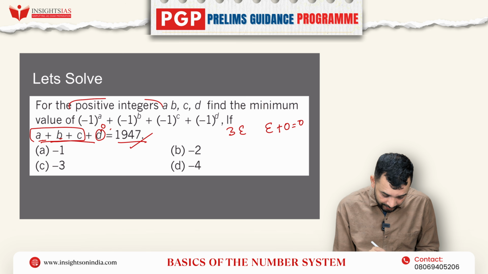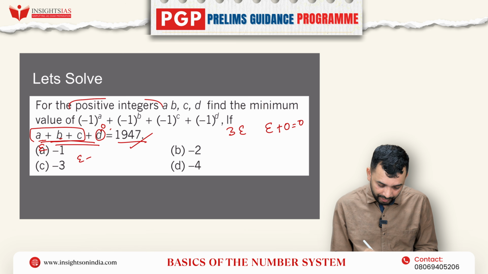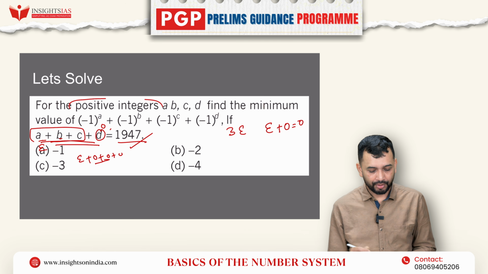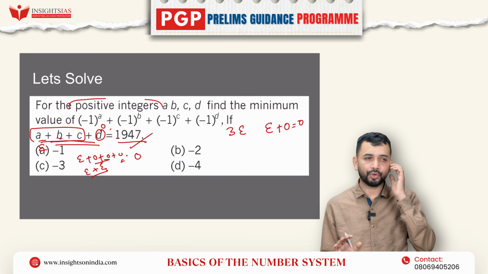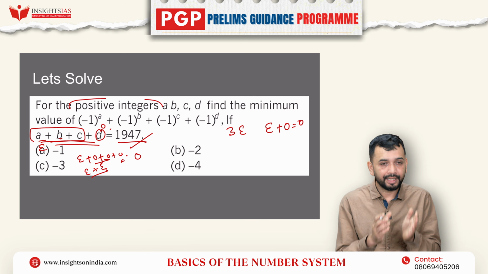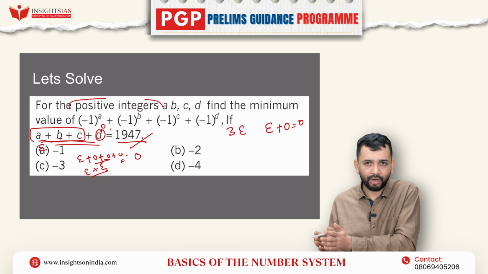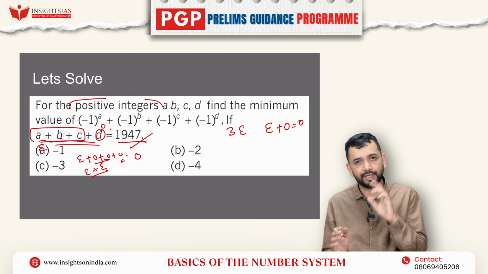Or let's say there is only one even and all 3 are odd: even plus odd plus odd plus odd. Odd plus odd is even, plus even is even, plus odd is finally an odd number. So there are only 2 possibilities: either 3 of A, B, C, D have to be even and 1 should be odd, or 3 of them are odd and 1 is even.